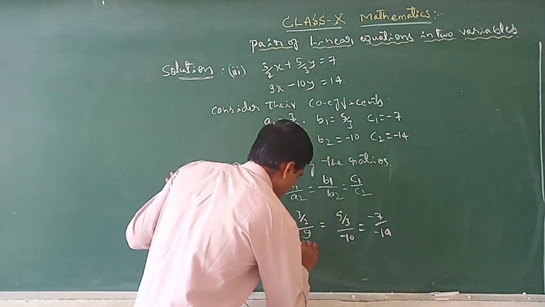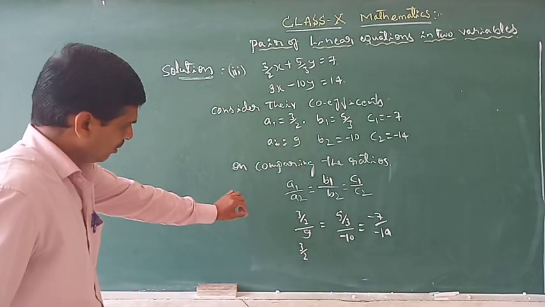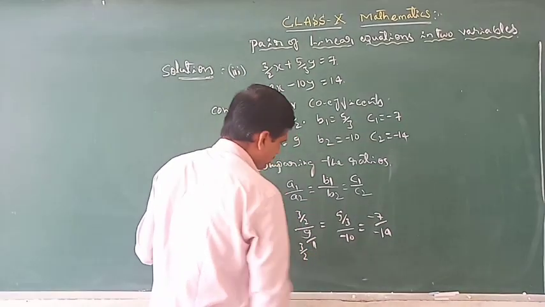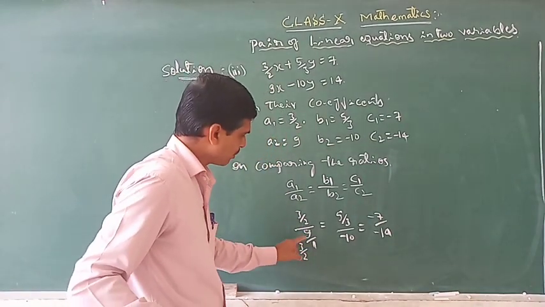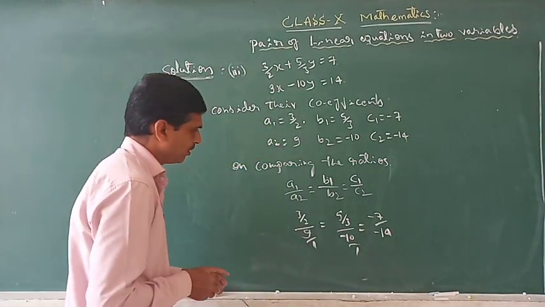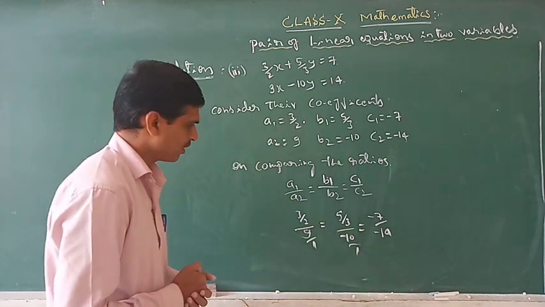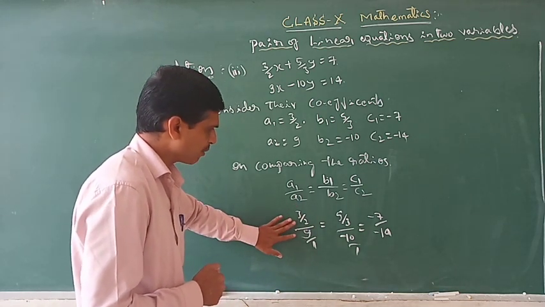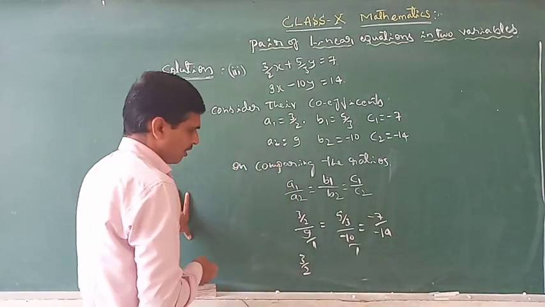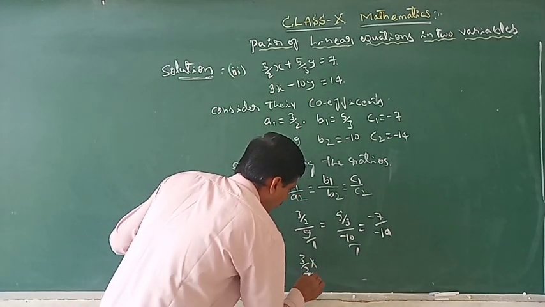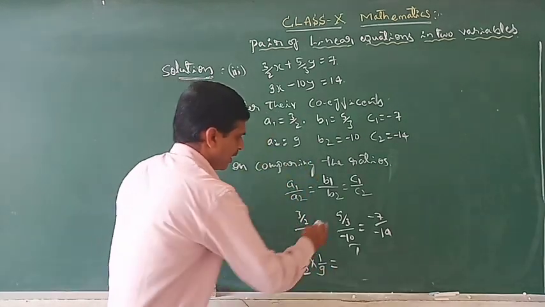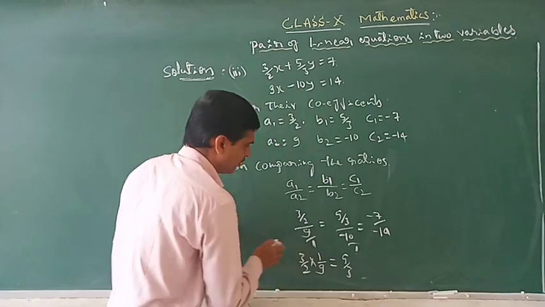Now simplify. The numerator is already given in the form p by q, so expressed in the form a by b it appears like this. You know the method of converting division into multiplication. If you convert this division form into multiplication, the expression becomes 3 by 2 into the reciprocal of 9, which is 1 by 9.